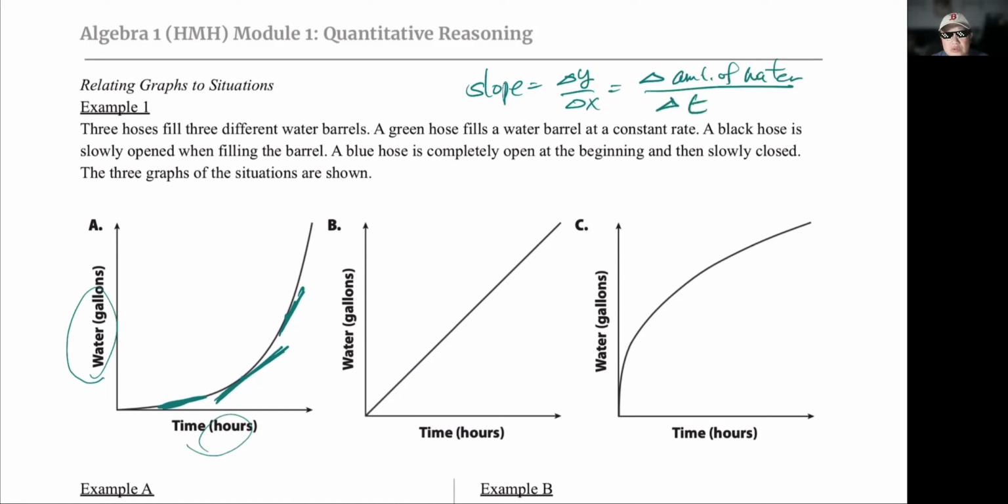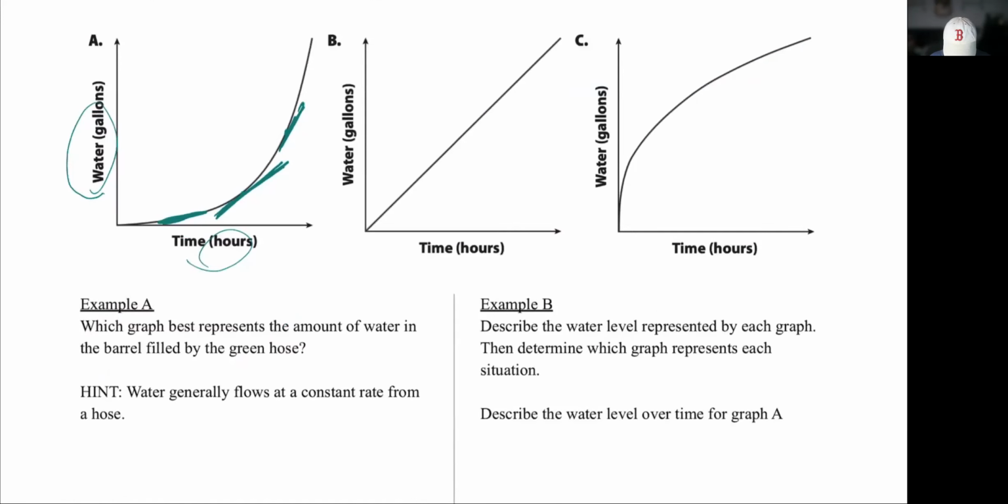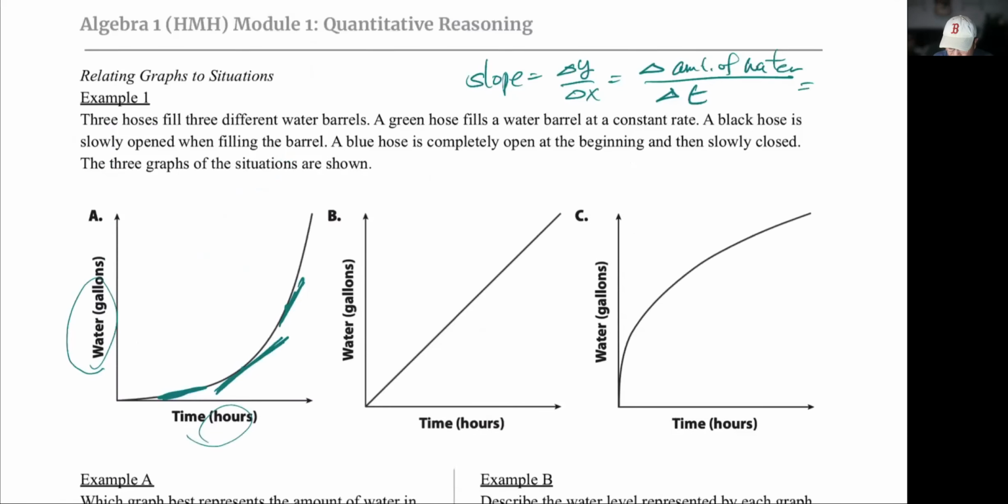So what would you call the change of water coming out of the hose over a period of time? If you skim down, I believe there's a word that's used. Oh, flow, right? So I would call that the flow rate. So the slope is synonymous with, or equal to, the water flow rate.